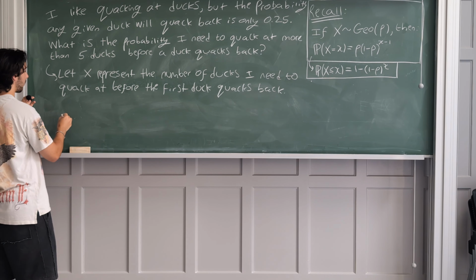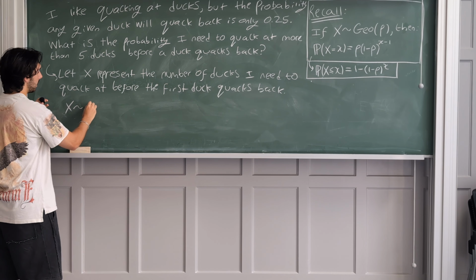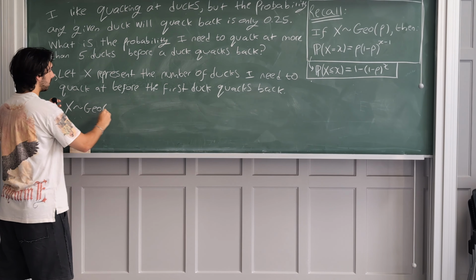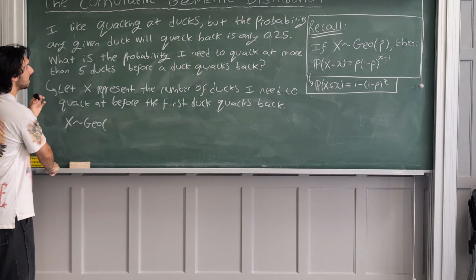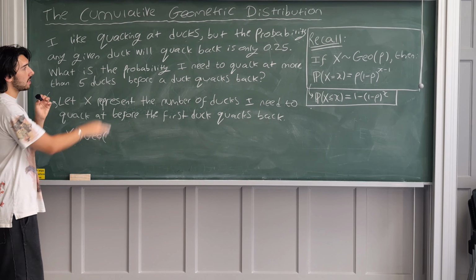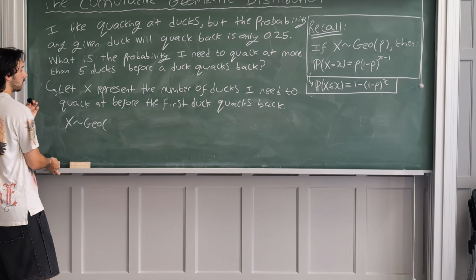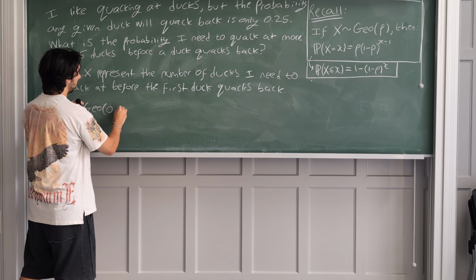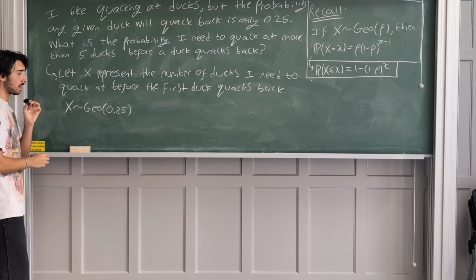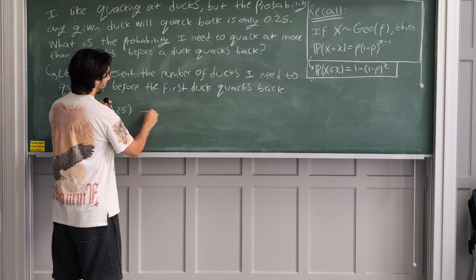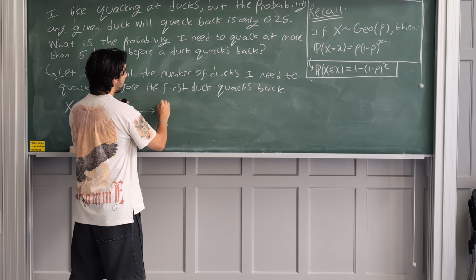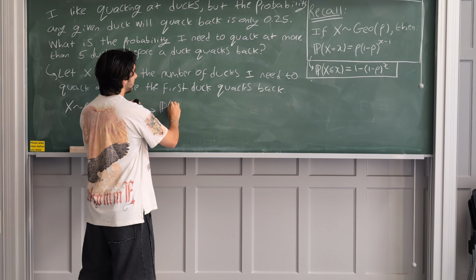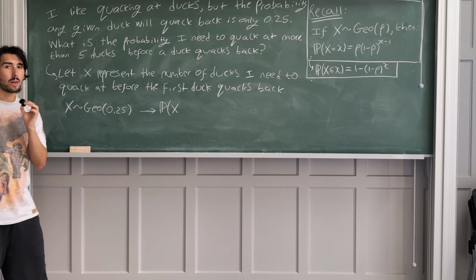Again, before we start going on about the probabilities, let's say that x is indeed geometrically distributed. The probability that any given duck will quack back at me is 0.25. So that's going to go here, 0.25, like that. And now we can then say, okay, well, we're looking for, in this question, the probability that x is bigger than 5.